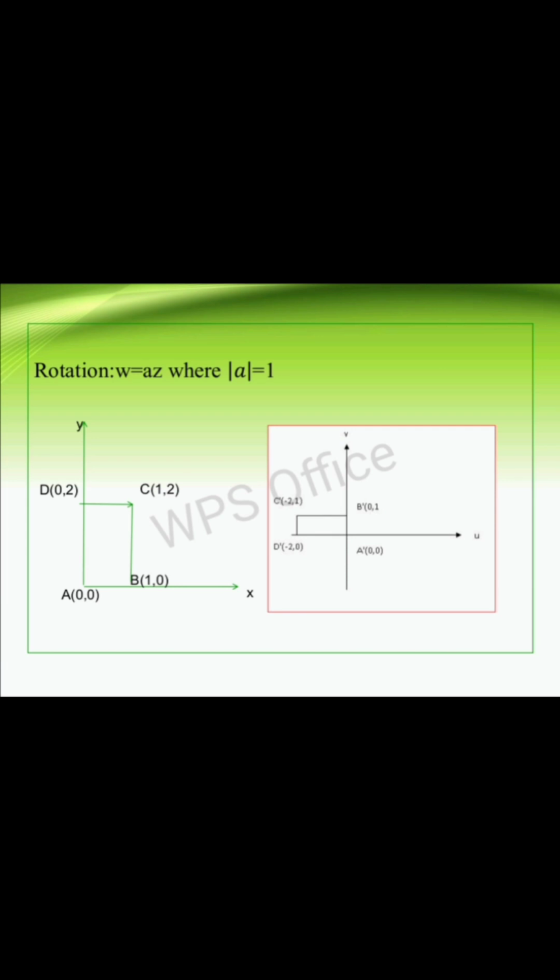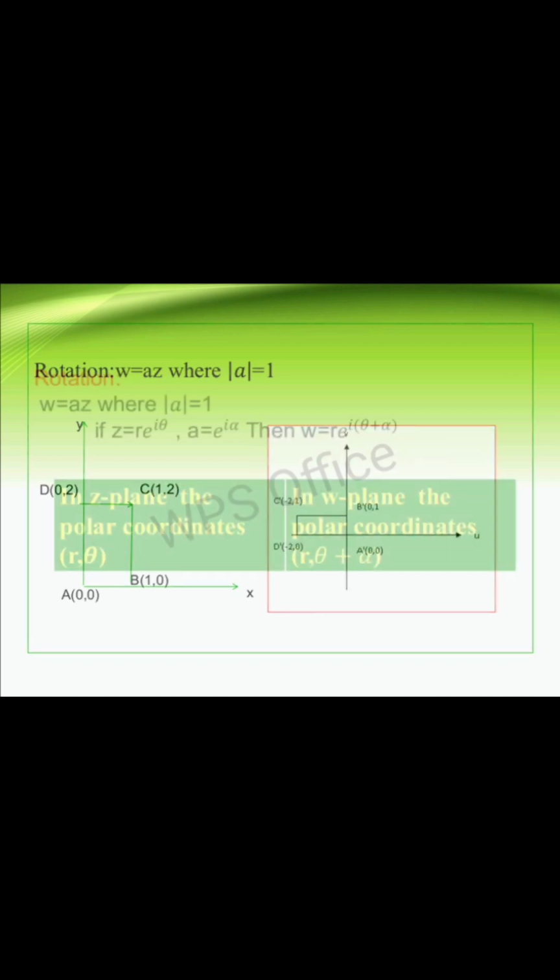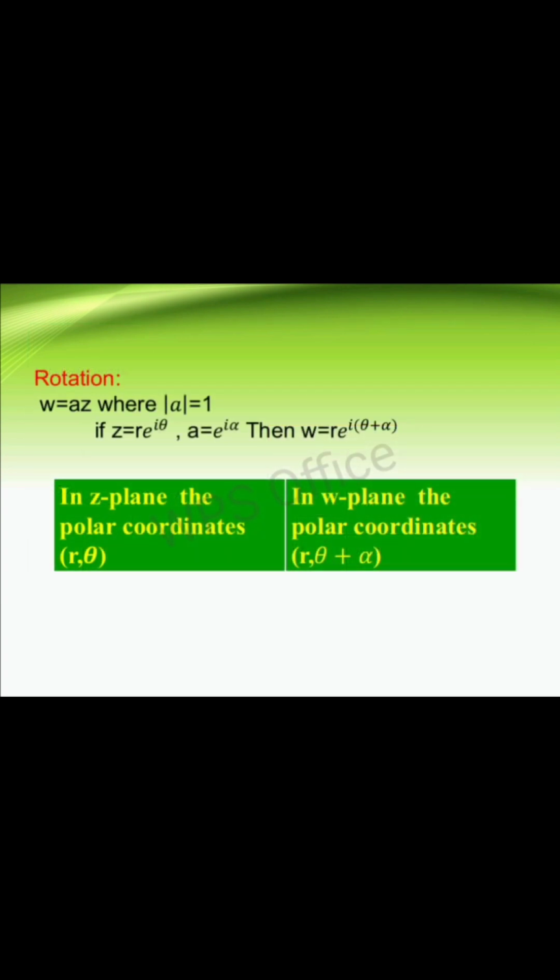Let z equal to r e power i theta. So w is az. Take a equal to e power i alpha. E power i alpha means cos alpha plus i sin alpha, and the modulus value is also 1, the square root of cos square alpha plus sin square alpha is 1. Therefore, the modulus value of a is 1. Therefore, w equal to az means a value e power i alpha, z value r into e power i theta.